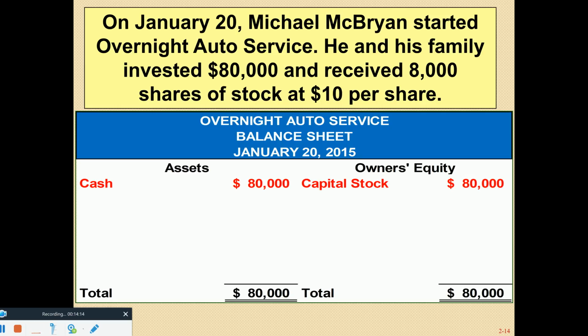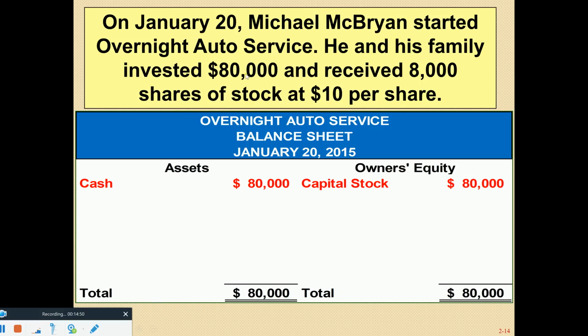And what we're going to do here is build our balance sheet. And remember the formula: assets equals liabilities plus owner's equity. Well, let me say this before we go through the transaction itself. Every business transaction affects at a minimum two accounts. In this business transaction, the cash account has increased, right?